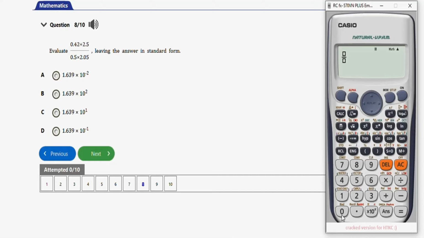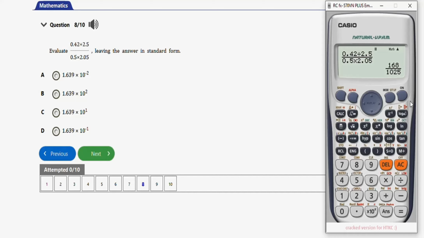We have 0.42 divided by 2.5 over 0.5 times 2.05. So let's press equal to now to see the output.